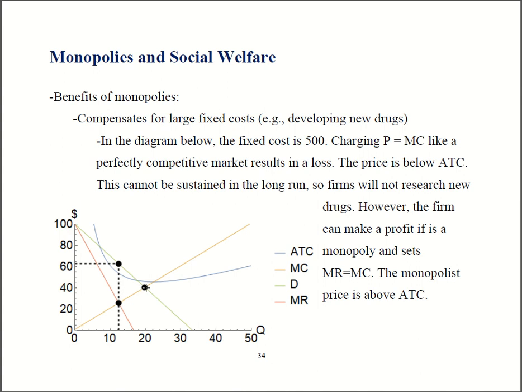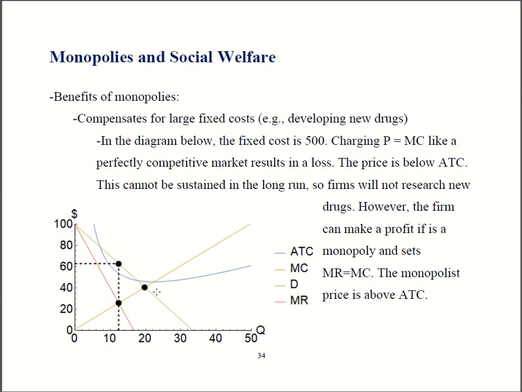In particular, if the firm knew in advance there's probably going to be losses, then they're not going to bother researching a new drug in the first place. So in perfect competition, the drug company would not do this in the first place, and that would be bad for society because then we would not get new medicines, we would not get any advances in healthcare.